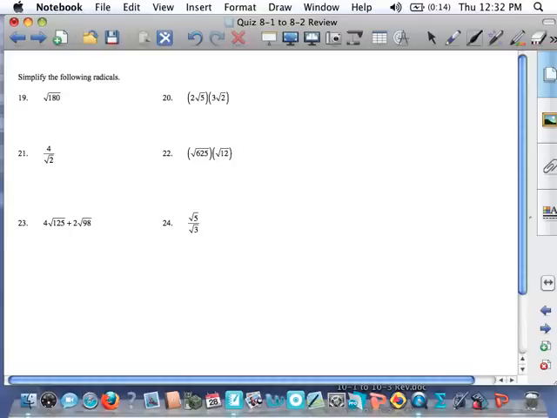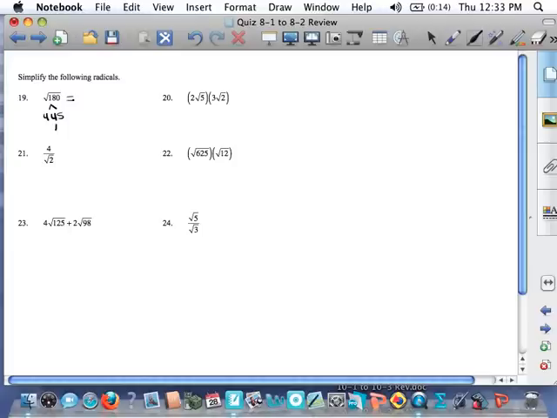Now, the next few are just looking at simplifying radicals. So when you look at this, you want to break this down into a perfect square and a non-perfect square. So you might try taking 180 divided by 4. When you do that, you get the factors 4 and 45. Well, 45 is also divisible by 9.